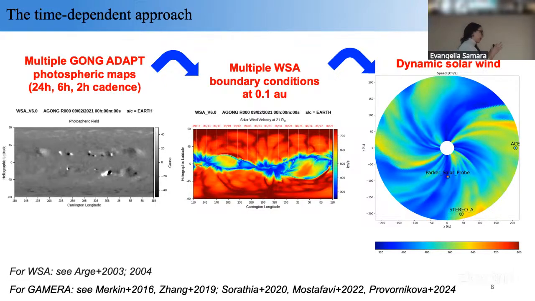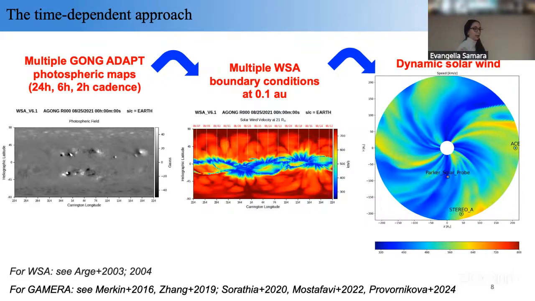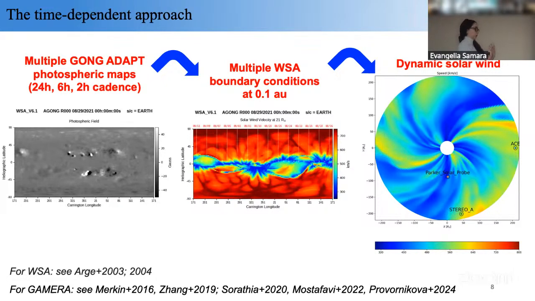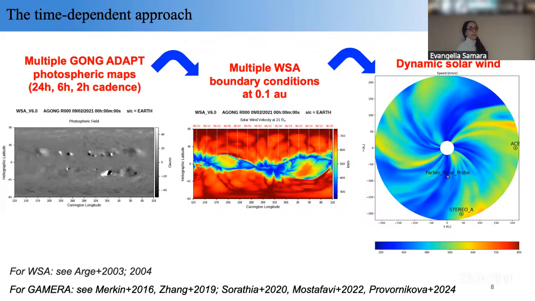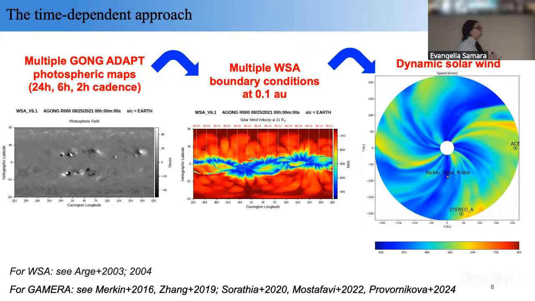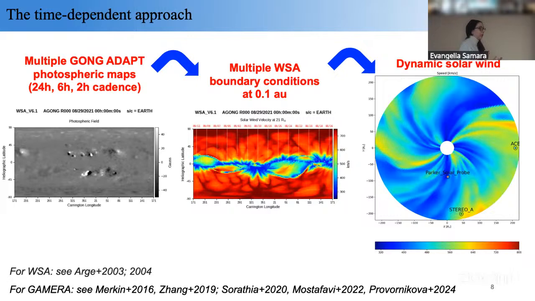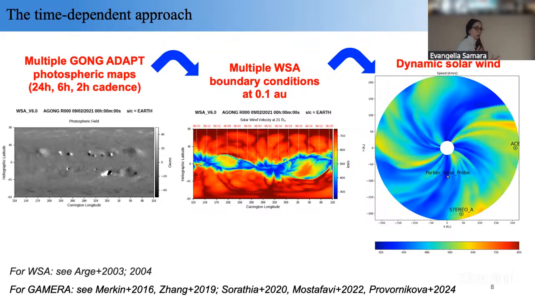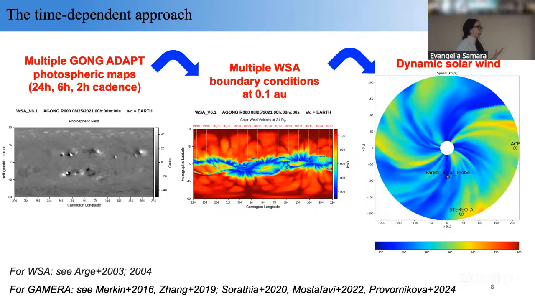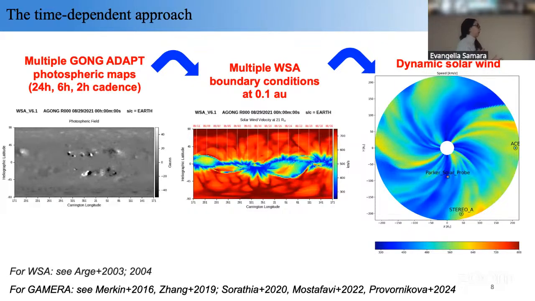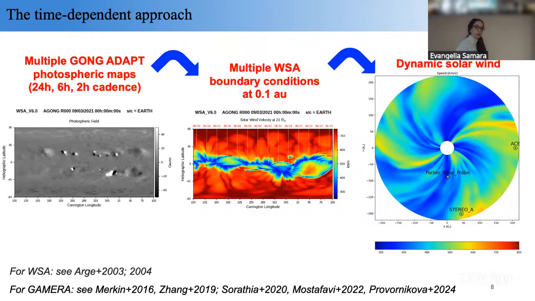Instead of giving one magnetogram to drive the whole pipeline, we give a sequence of photospheric maps with a cadence of whatever interests us, depending on our goals: every 24 hours, every 6 hours, every 2 hours, up to the availability of the magnetograms we're using.